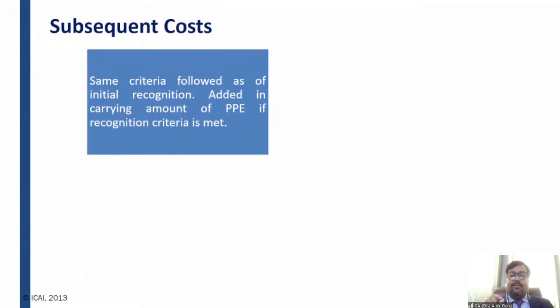So guys, when you have read old accounting standard 10, you remember what old accounting standard 10 said? It says that the subsequent cost will be capitalized only if the performance of the asset has been increased beyond the existing capacity, right? For example, when you purchased the truck, the engine was 800 cc, 800 cubic capacity.